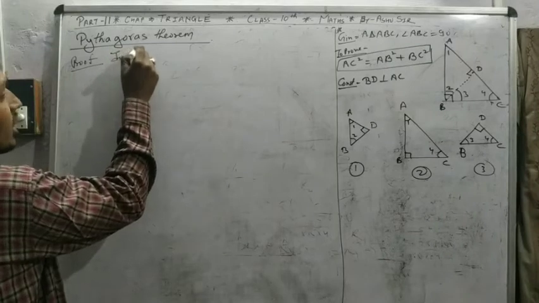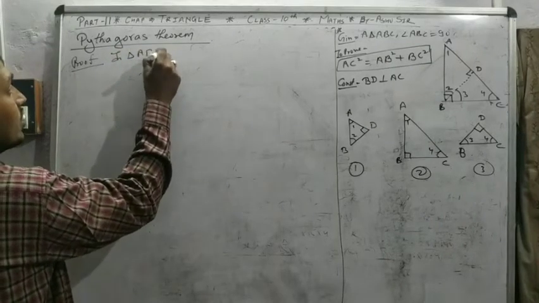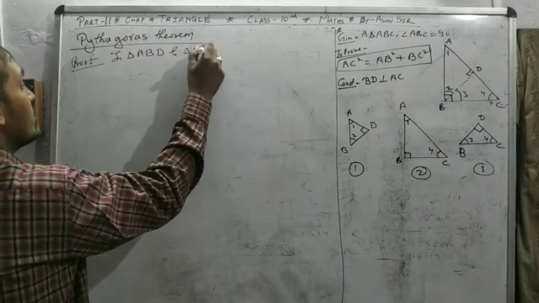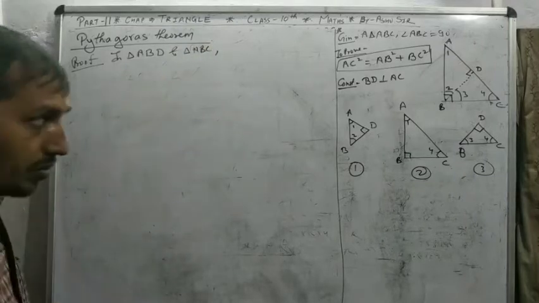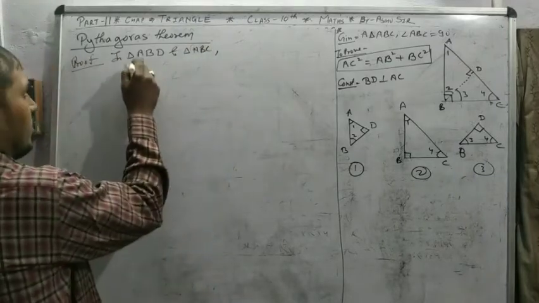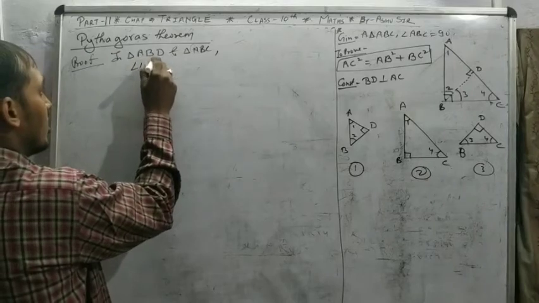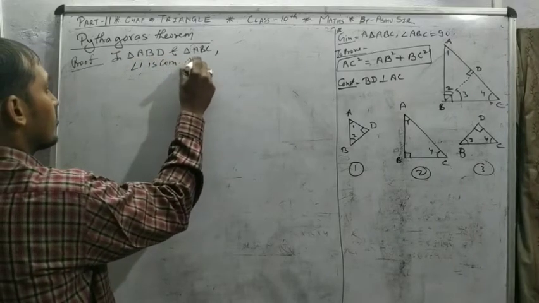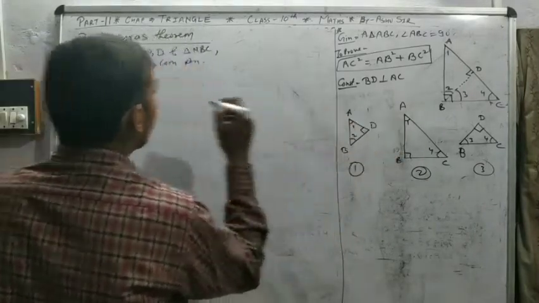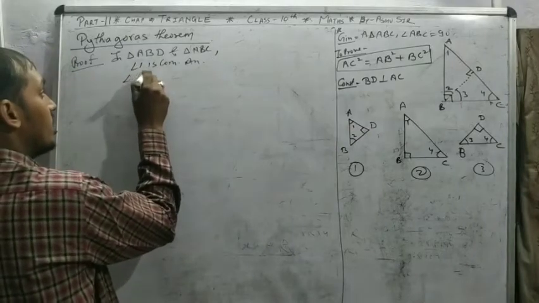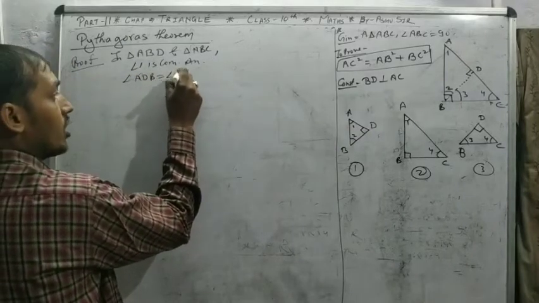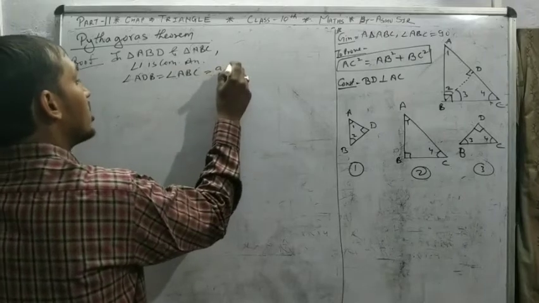First we take triangle ABD and triangle ABC. We want to prove them similar. So very easy. Angle 1 is the common angle. And angle ADB is equal to angle ABC, each 90 degrees.